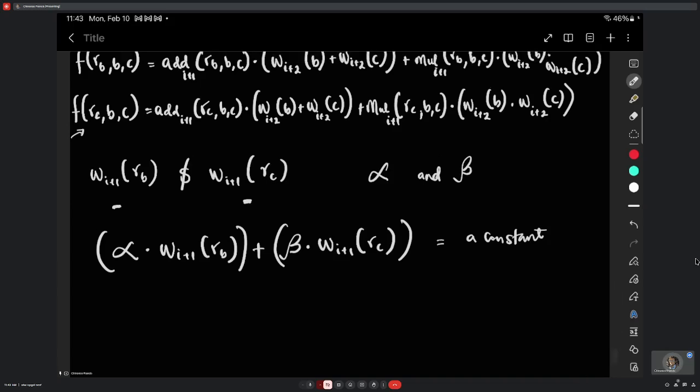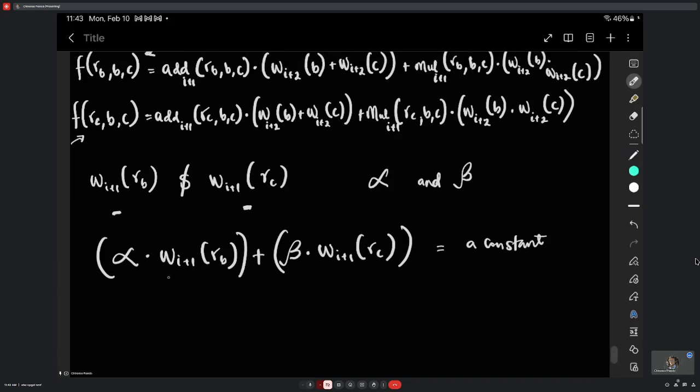Okay, yes, because this W_{i+1} at r_b will give us the evaluation of W_{i+1} at r_b, so it will give us a value. And W_{i+1} at r_c is the evaluation of W_{i+1} at r_c. It will give us a value. When we multiply alpha, which is a random value, times the value we get here, we are going to get a constant.